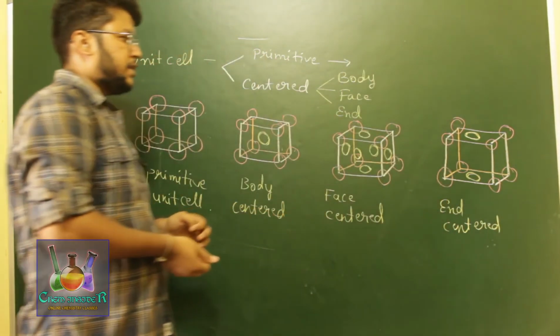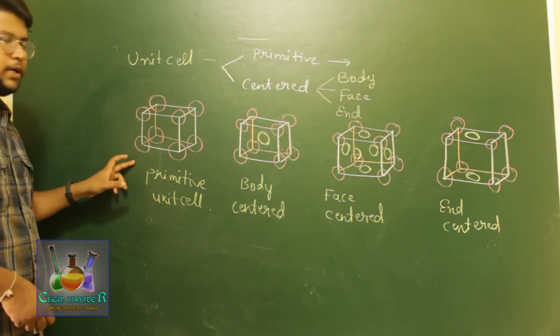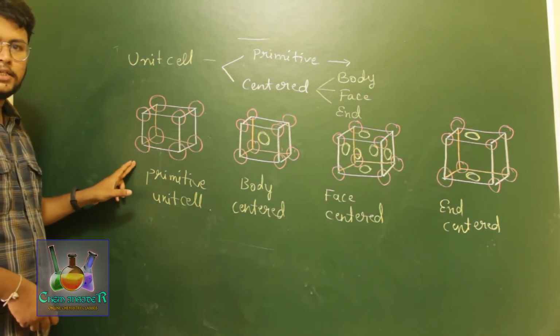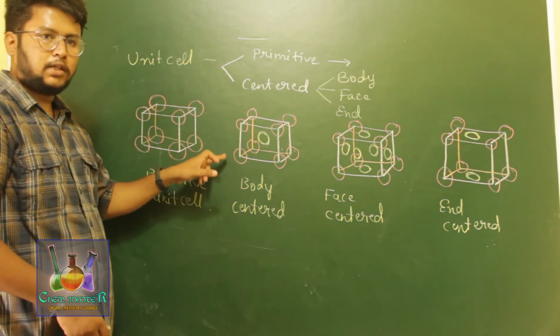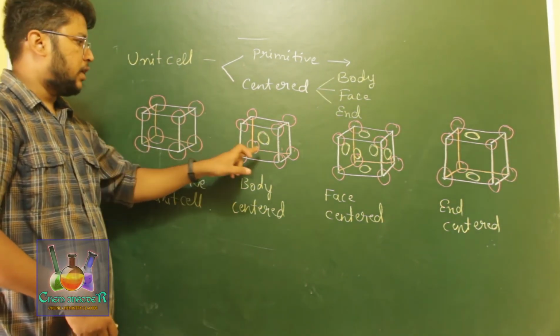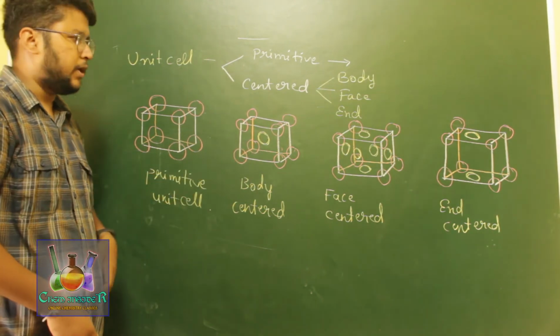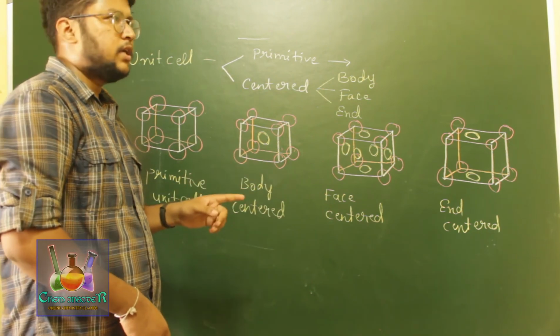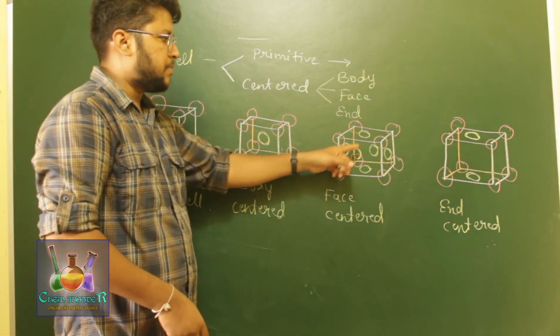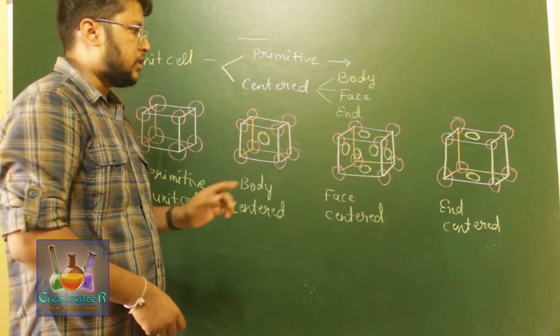To summarize: a primitive unit cell has 8 atoms present at 8 corners. Body centered has 8 atoms at 8 corners along with 1 atom exactly at the center of its body. Face centered has 8 atoms at 8 corners, and along with that 6 atoms at the center of the 6 faces.